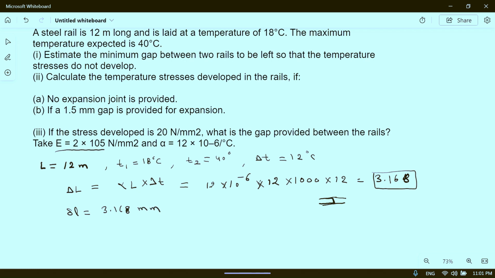We also know that delta L is PL upon AE, because from Hooke's law, Young's modulus of elasticity E is the ratio of stress upon strain, where stress is load upon area and strain is delta L by L. So from here you can find delta L is equal to PL upon AE.